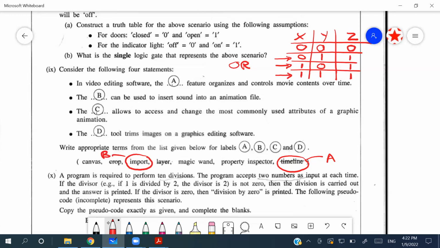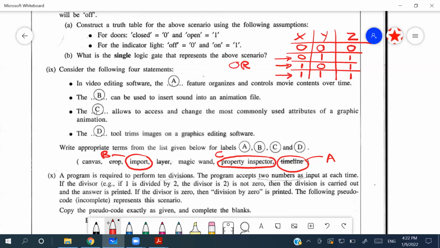Let's check with the marking scheme as well. And in the third one, it says the blank allows to access and change the most commonly used attributes of a graphic animation. So it's going to be the property inspector, which is going to be C.